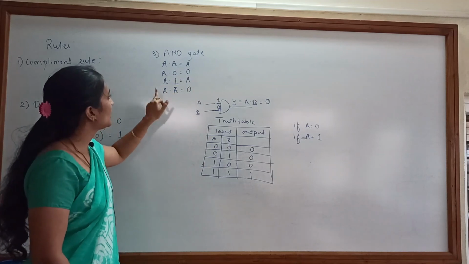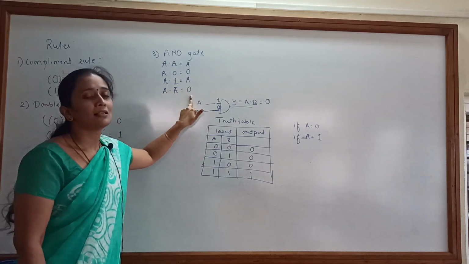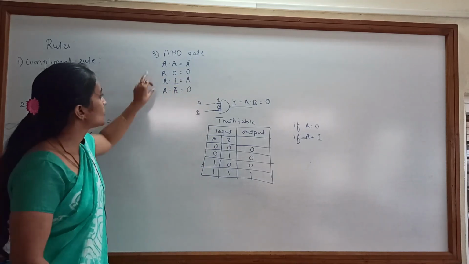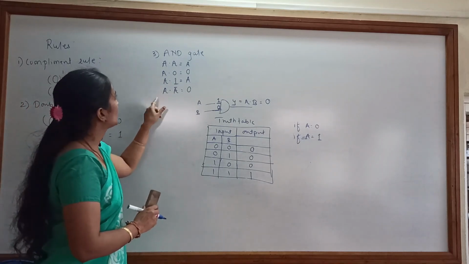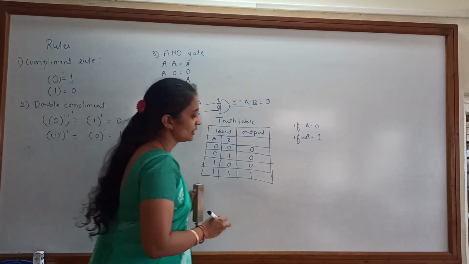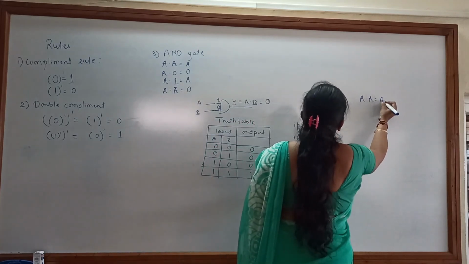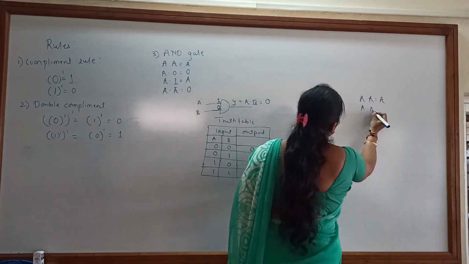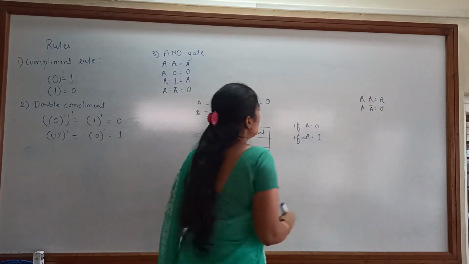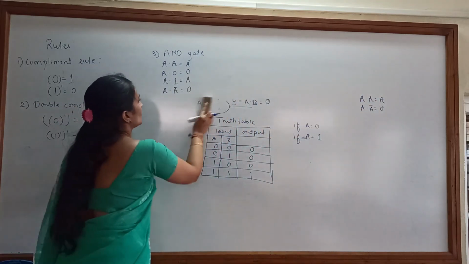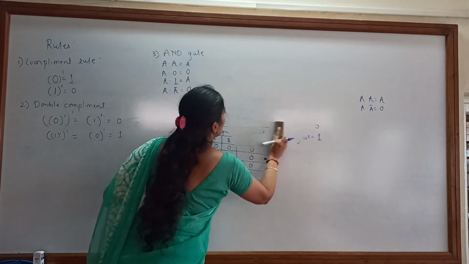And if we multiply any number with the complement, answer will be 0. These are the rules of AND gate. I will write one of the gate rule here that is useful. A into A is equal to A and A into A complement is equal to 0.